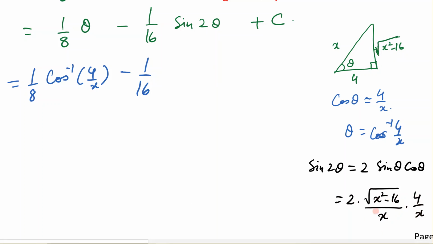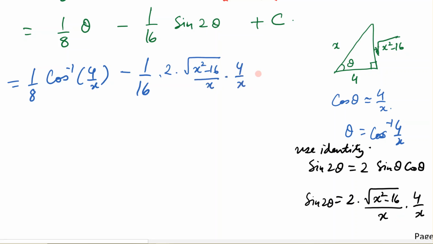So this is the value of sine 2 theta. So let's plug in this value here and we get 2 times square root of x squared minus 16 over x, times 4 over x, and plus c.